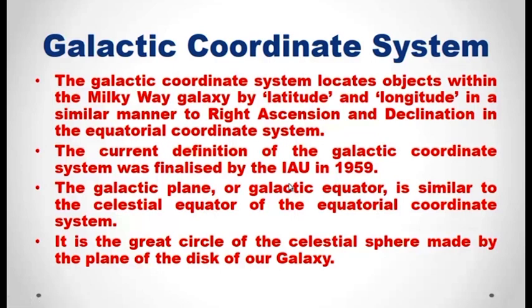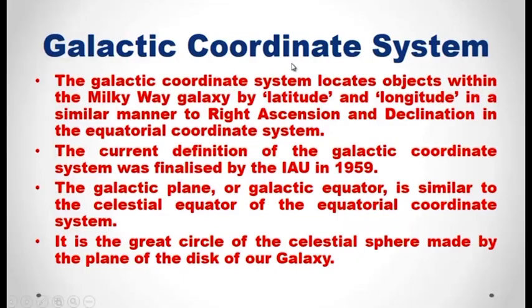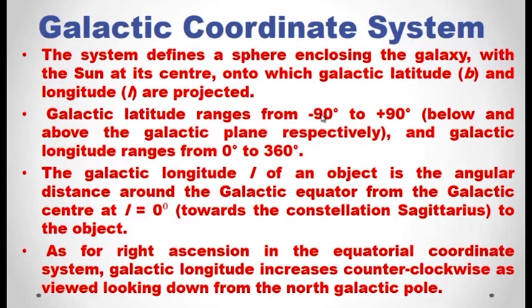The galactic plane or the galactic equator is similar to the celestial equator of the equatorial coordinate system. It is a great circle of the celestial sphere made by the plane of the disk of our galaxy. In this figure, you can see the galaxy. This is the galactic center. The plane of that galaxy is the galactic plane. This is the star. The star position can be represented by the galactic coordinates, galactic latitude and longitude.